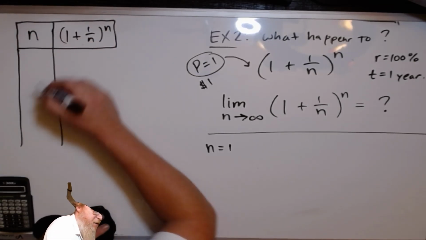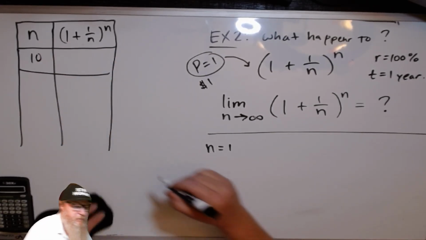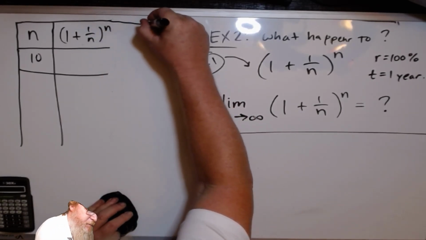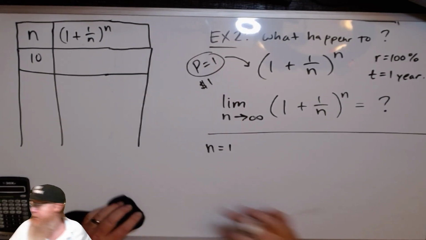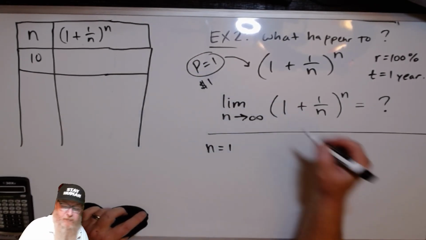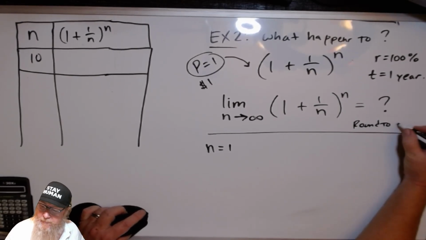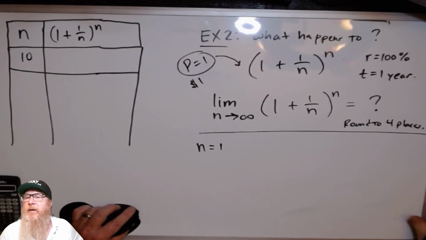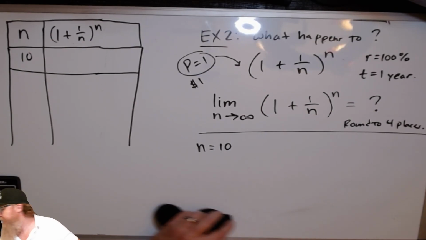All right, so let's start with 10. Let's round to 4 decimal places. So let's do n equals 10.